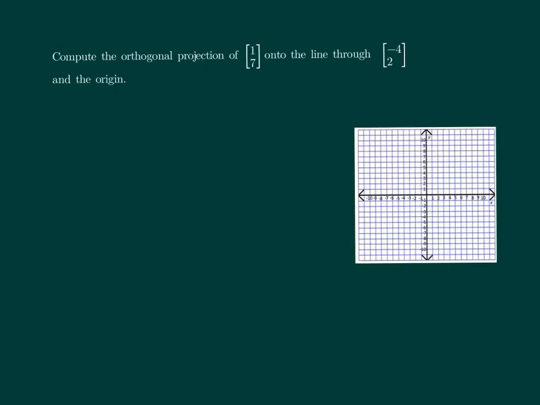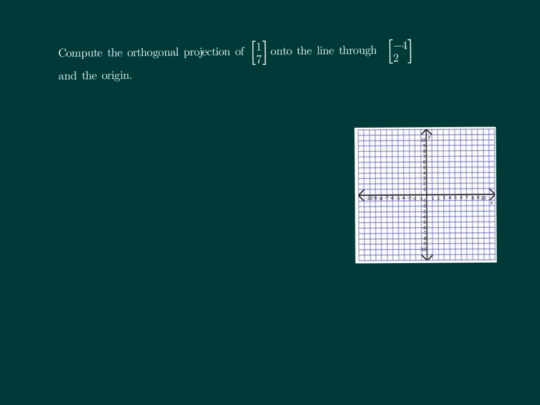Okay, now we want to compute the orthogonal projection of (1, 7) onto the line through (-4, 2). So what we were talking about from the previous slide, we're trying to project our y onto our u over here. All right, so y is (1, 7), and then our u is (-4, 2), so that's about right there.